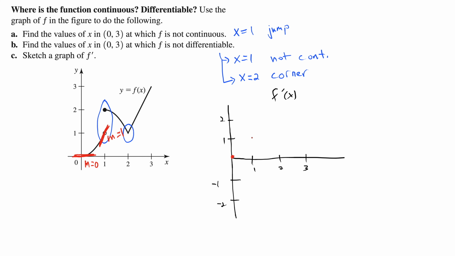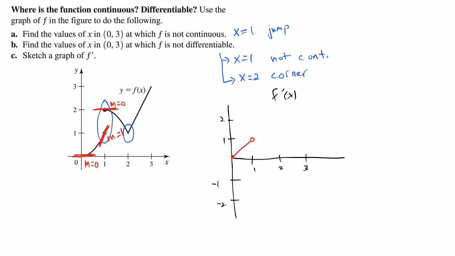Right, we're looking at the slope of the tangent lines of those things. So we have something at 1 here. Now I'm using an open circle because the function is not differentiable at x equals 1. And then we connect the dots like so. Now I'm going to jump across here and look at this top part of the curve. It looks to me like that is basically a horizontal tangent line again there.